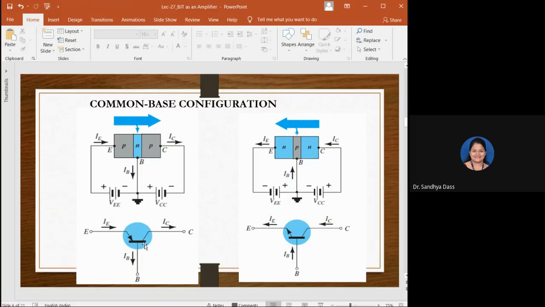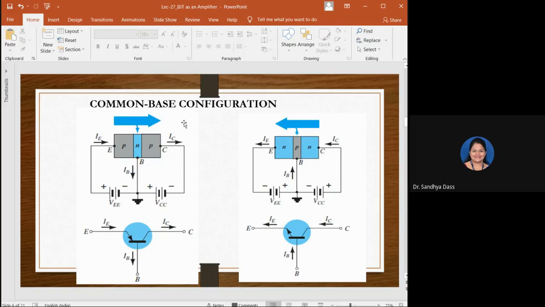So in order to make a three-terminal device comfortable and convenient for typical electronic circuits, which are four-terminal networks, what we do is always take one terminal as a common terminal. All right. So this gives three configurations of the transistor.